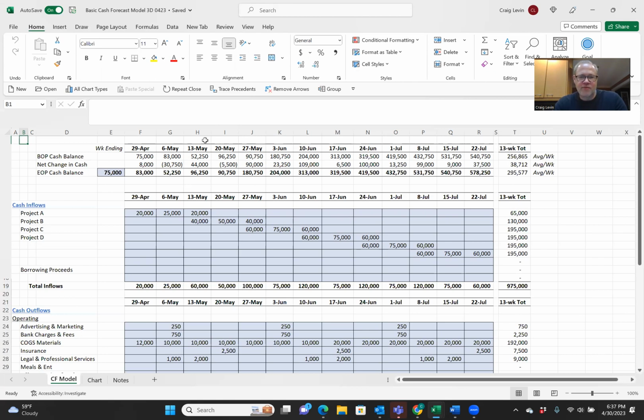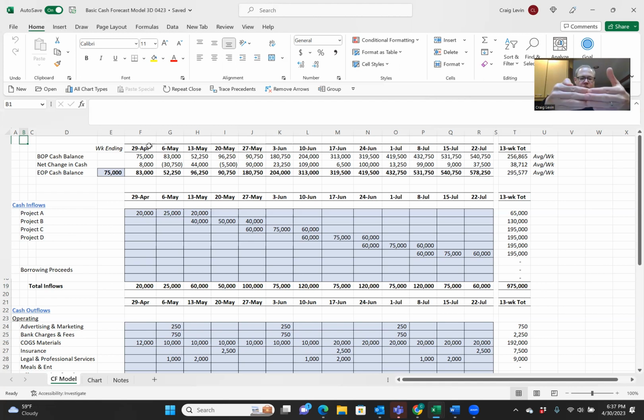All right. The first thing that we want to talk about in a cash forecast is what's the time horizon? How far out are we looking into the future? The one that I like best is 1 quarter, or 13 weeks. It's really a decision about how solid your projections of cash flow in the future are.